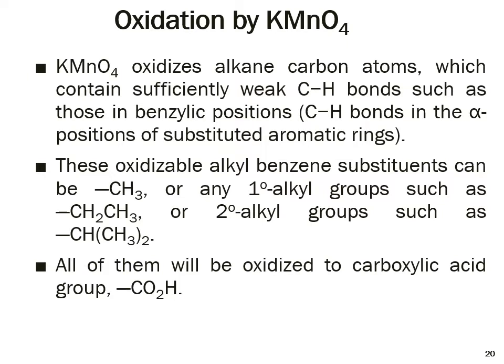These oxidizable alkyl benzene substituents can be a simple CH3 like toluene, or any primary alkyl group such as an ethyl group on the benzene ring, or a secondary alkyl group such as an isopropyl group on the benzene ring. In all these cases, they will be oxidized to the relevant carboxylic acid group, which we will see on the next slides.